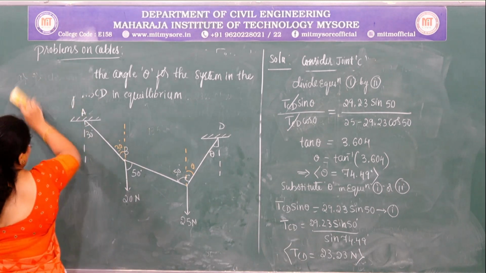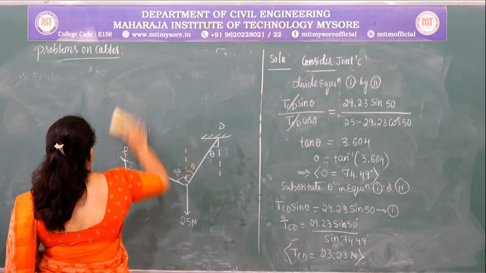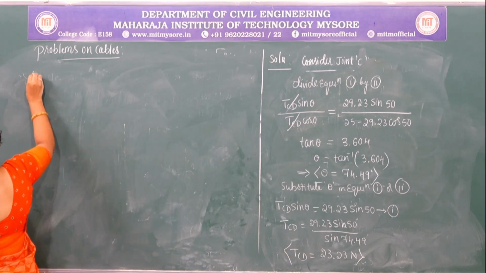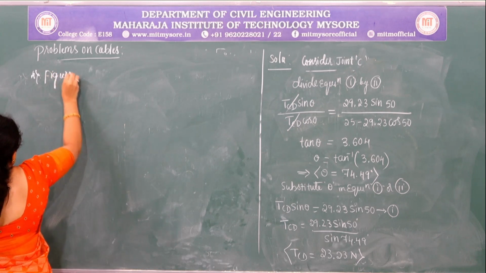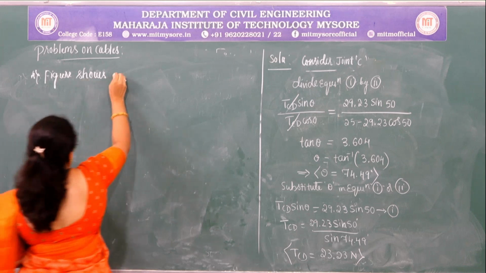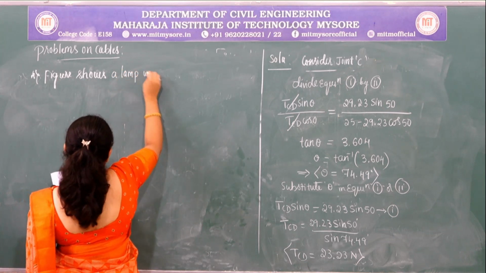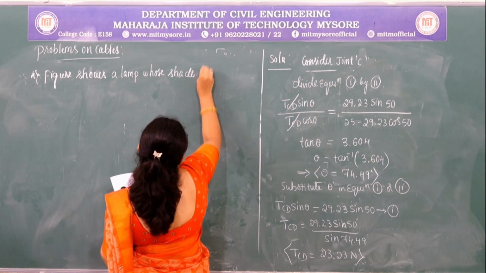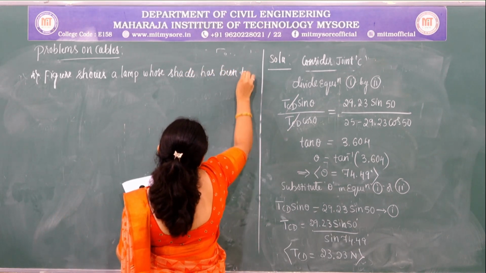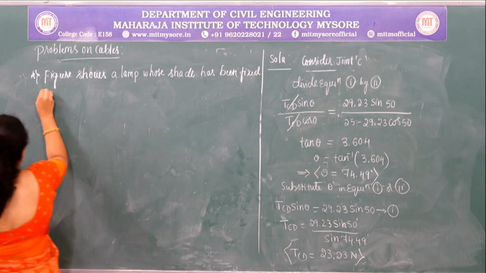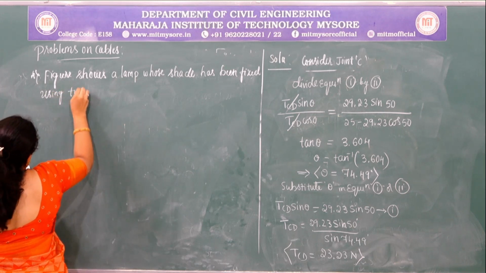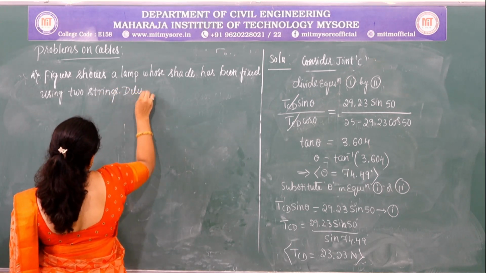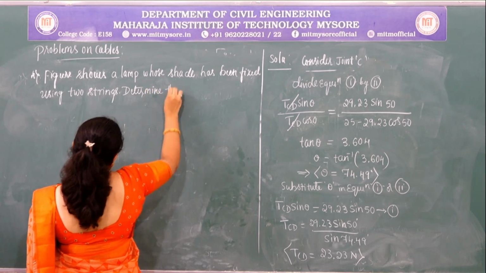Let us consider the fourth problem, which states that the figure shows a lamp whose shade has been fixed using two strings. Determine the tension in the string.